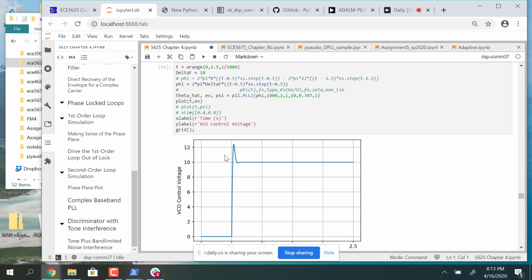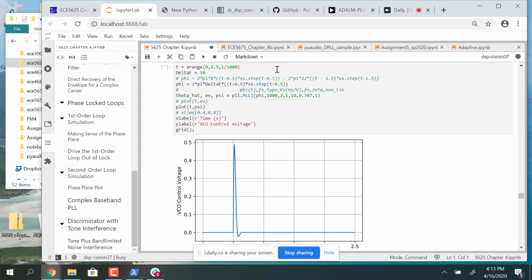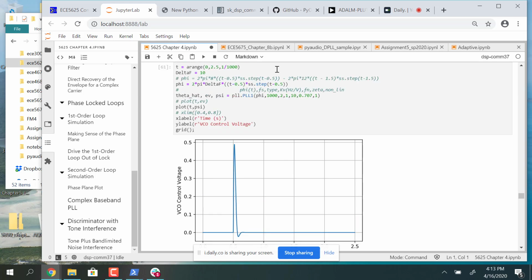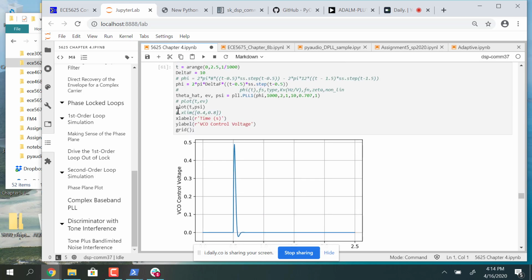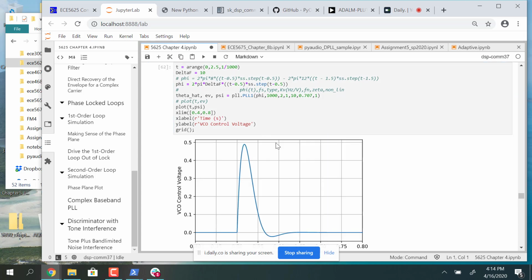So this pulls in a fraction of a cycle, and if I now plot the phase error, I'll get this shape right here. I think I had a zoom factor on here for that. This is a damped sinusoid, so this is the loop getting that frequency step.